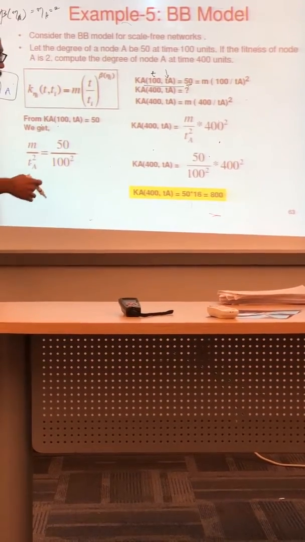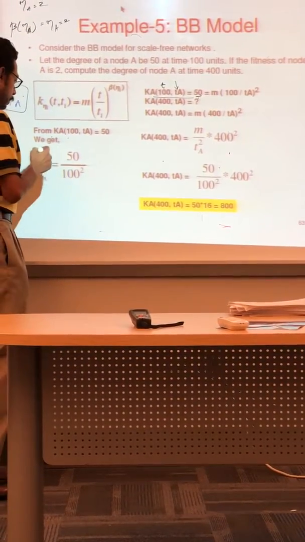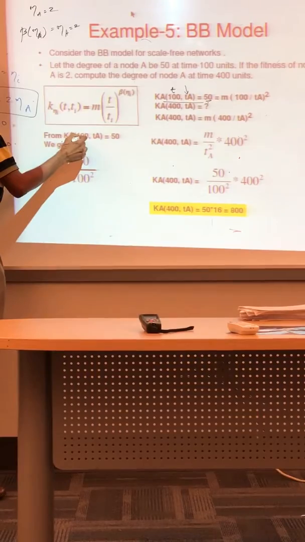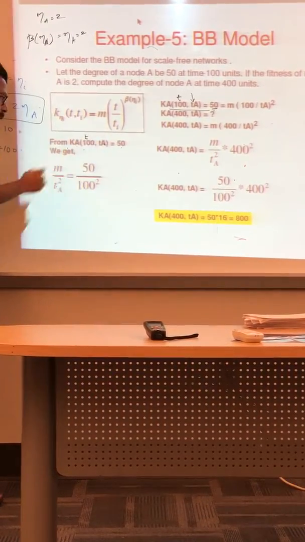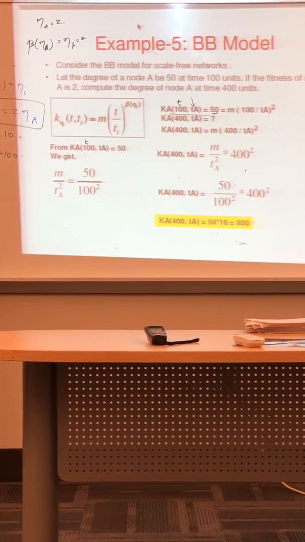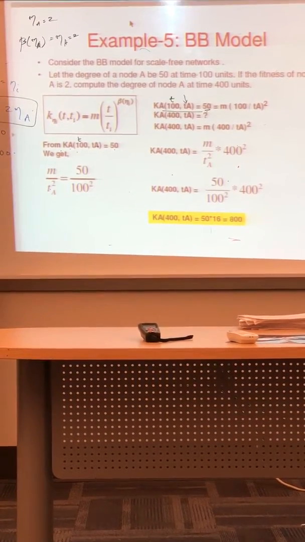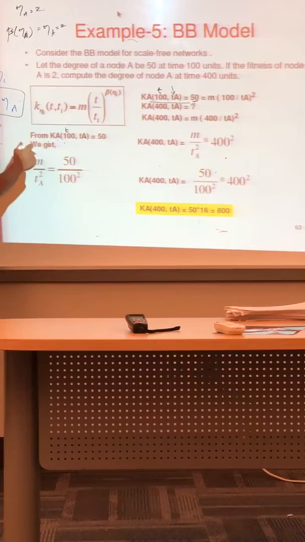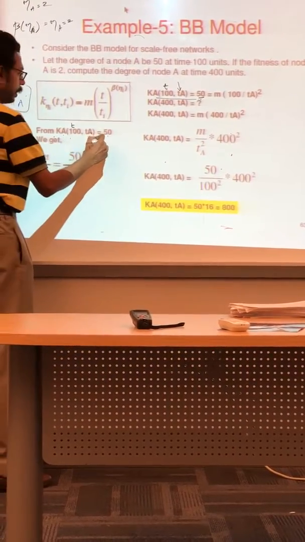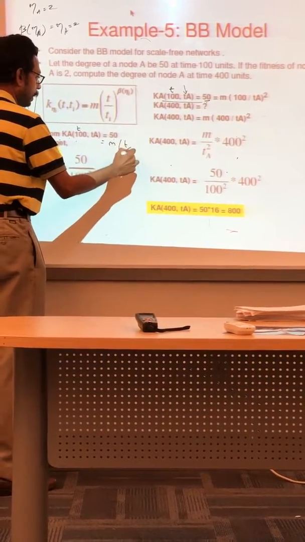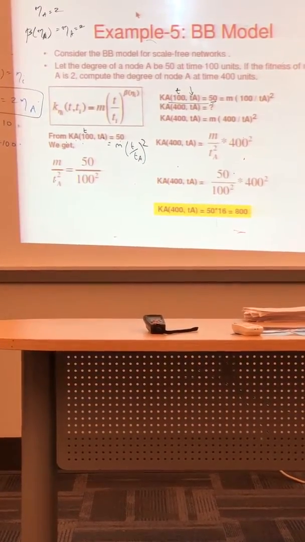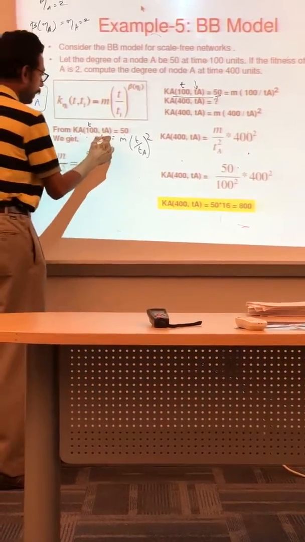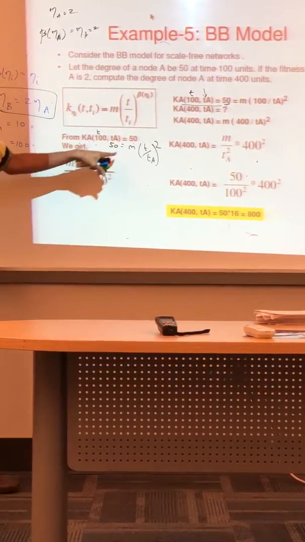So how to do this? First write down what is given. You're given Ka at time 100 is 50, and Ta is of course the joining time. Then according to the formula, this is m times T over Ta square. Now if this is 50, we just rearrange the unknown.